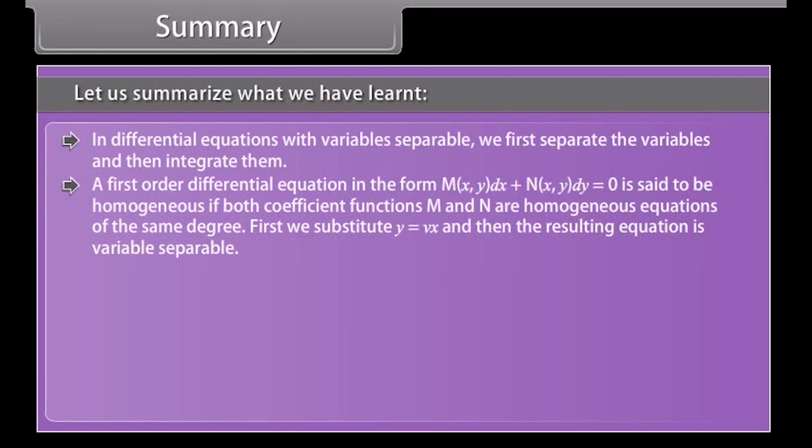A first-order differential equation in the form M(x, y) dx plus N(x, y) dy is equal to 0 is said to be homogeneous if both coefficient functions M and N are homogeneous functions of the same degree. First, we substitute y equals vx, and then the resulting equation is variable separable.